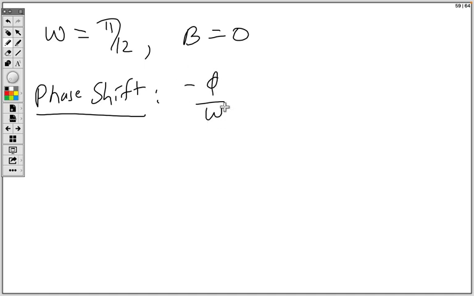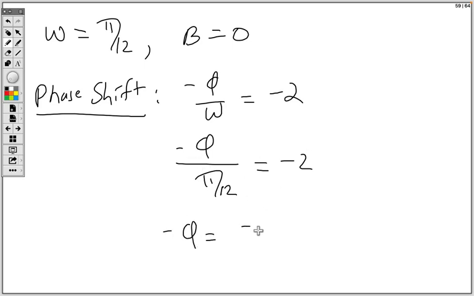So minus phi over omega would be our -2, because the fundamental cycle we're taking for cotangent starts at 0. So I do the fraction gymnastics again. This is a little easier because I can just multiply both sides by pi over 12. And I get phi is positive pi over 6 once you go through the arithmetic there.